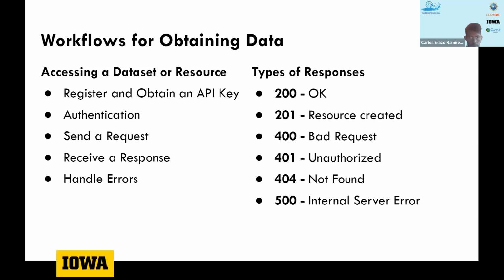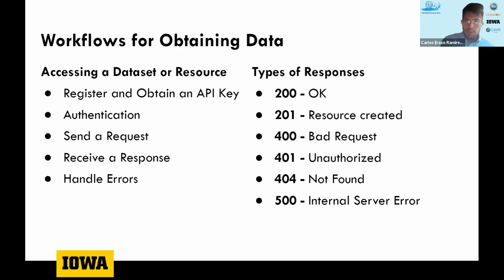So what are the workflows for obtaining data? Depending on the place that you are at, you access data through these steps: registering or obtaining an API key, and afterwards you have an authentication layer, you send the request, and then depending on whether the request is okay or not, you're going to receive a response.